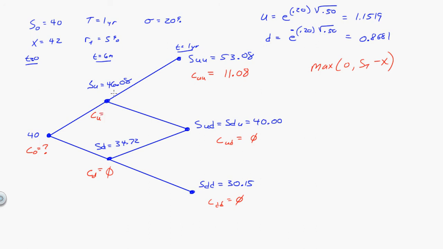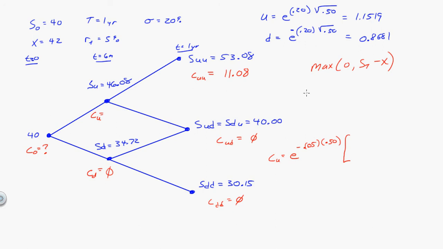So what if the stock price went up? Well, in that case, I got to go back to the formula we had on the previous video. The price of the call, or the value of the call if it goes up, is equal to the present value, e to the minus r, which is 0.05, times t, which is 0.5, delta t, which is 0.5, because this is 6 months away, times what's the probability that this thing goes up?